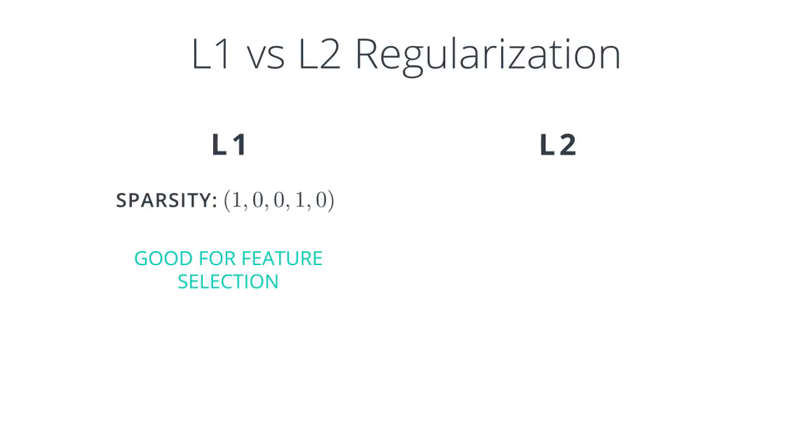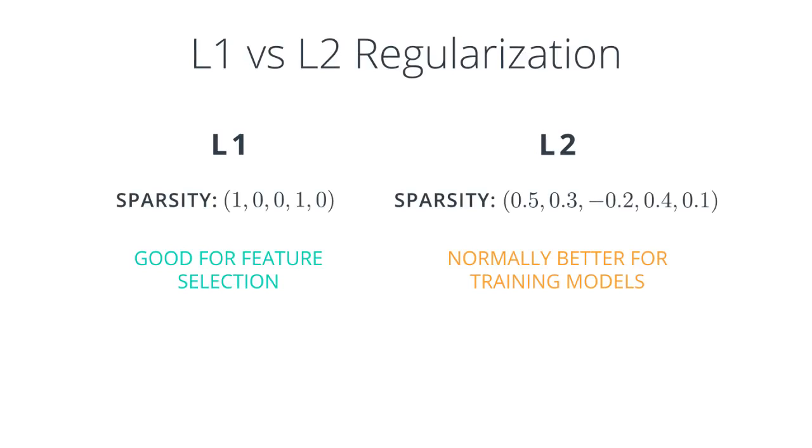Here are some general guidelines for deciding between L1 and L2 regularization. When we apply L1, we tend to end up with sparse vectors. That means small weights will tend to go to 0. So if we want to reduce the number of weights and end up with a small set, we can use L1.